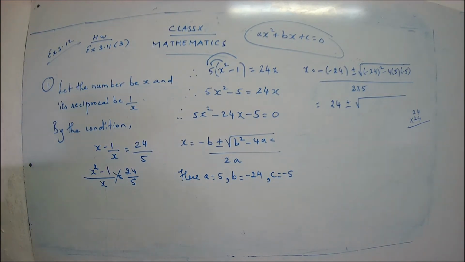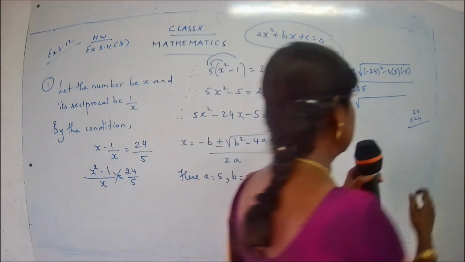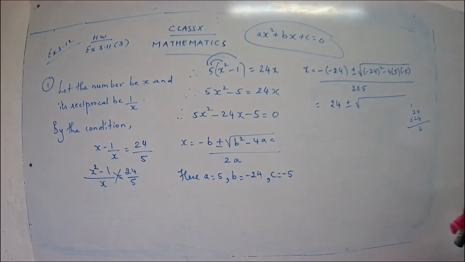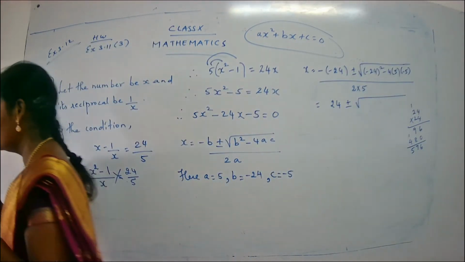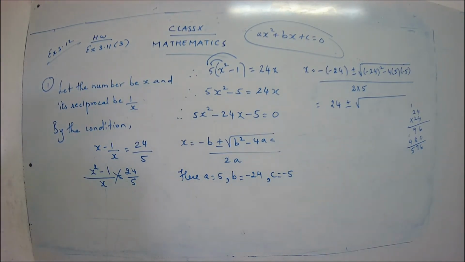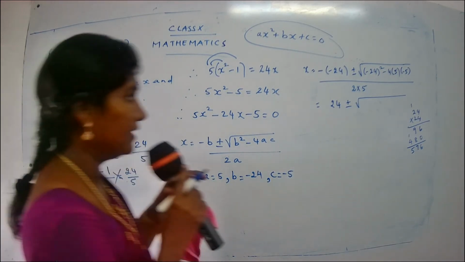Okay, so what do you get here? 4 4s are 16, 4 2s are 8, plus 1 is 9, 0, 8 and 4, 6, 17, 576. Yes, that's why I have already told you again and again that you should write the squares up to 30. So if you know all the squares up to 30, it will be easy for you to write the values directly. Okay, so write down here 576.